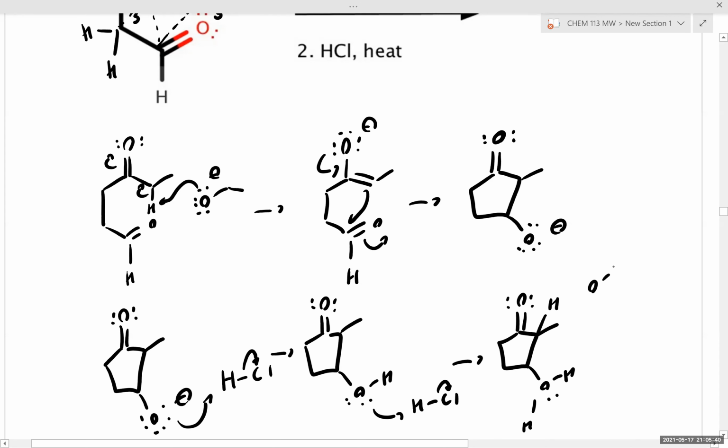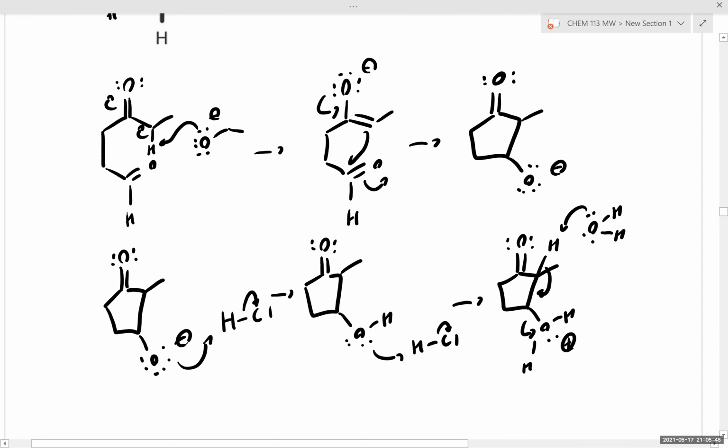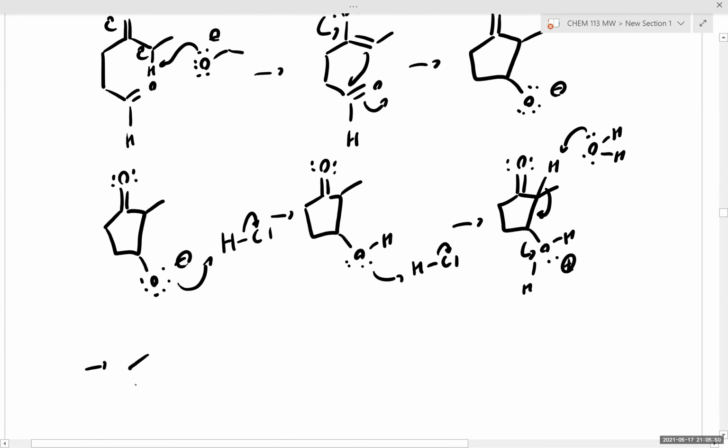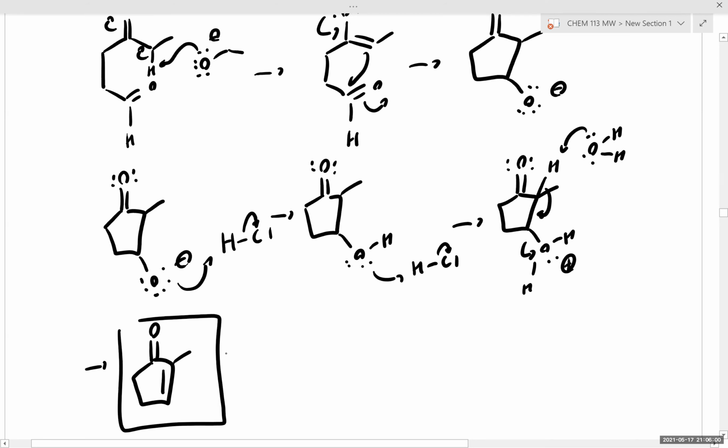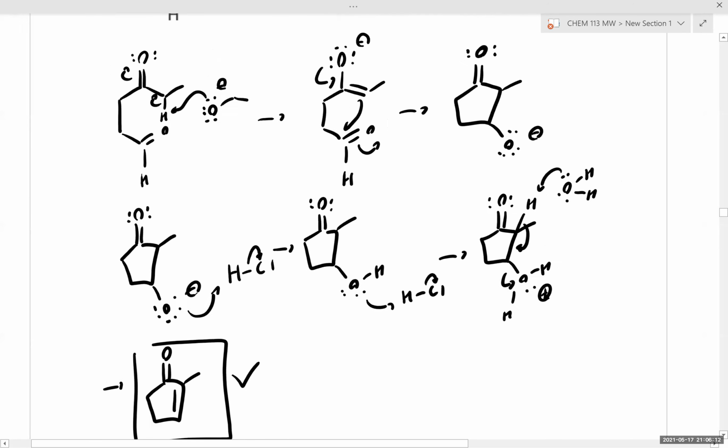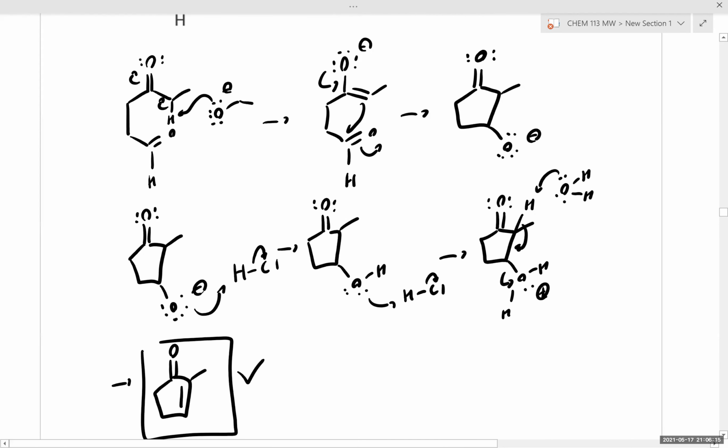From here, we can deprotonate our acidic alpha position and lose water to generate our desired enone product. Does this mechanism make sense to everyone? Does this process of drawing out the mechanism for an intramolecular aldol condensation reaction make sense?